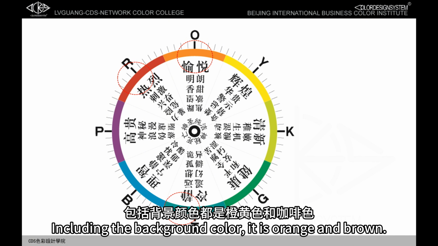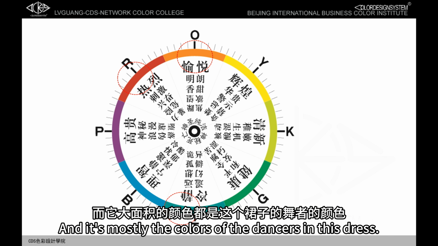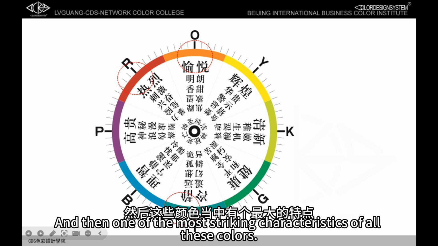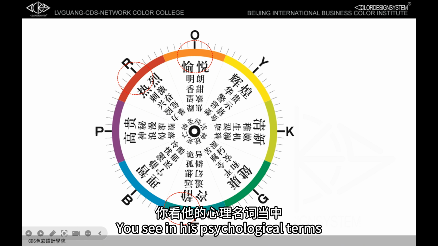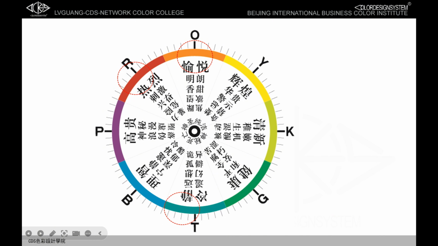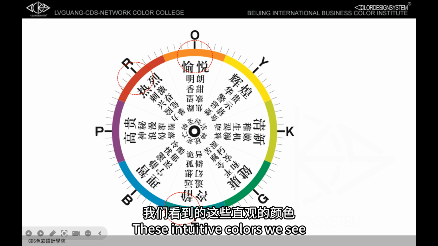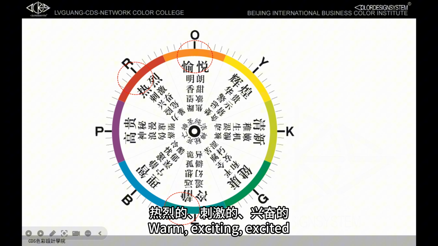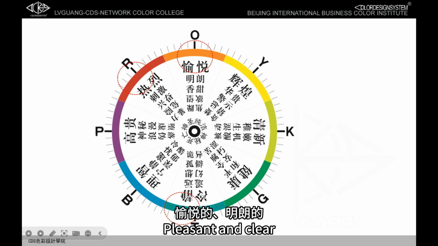It is orange and brown. And these khaki, and it's mostly the colors of the dancers in this dress. And then one of the most striking characteristics of all these colors. You see in his psychological terms, the regions of our hue fall between red and orange, but his psychological term is these intuitive colors we see. Warm, exciting, excited. Pleasant and clear.